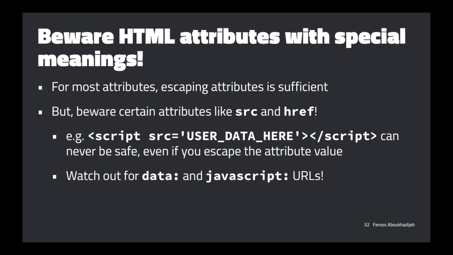Because now you're effectively letting the user choose a URL that a script is going to get loaded from. So it's not enough to say, well, I took the quotes out, so their string is not going to break out of the quote and do other things, but you forgot that you're literally letting them load a script and run it, so it's game over already. So just keep that in mind. Does that make sense?